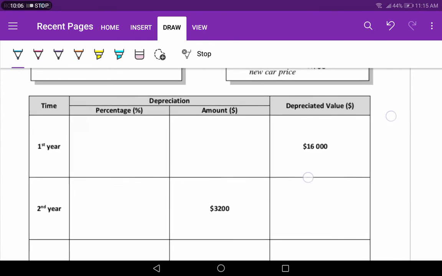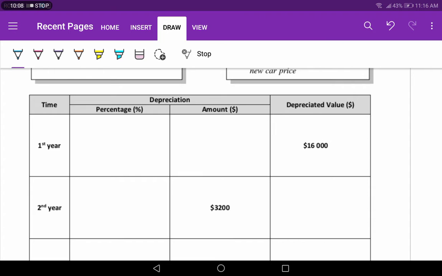So say we buy this car. After 1 year, our depreciated value, which is basically the new value, so you can just write it on top, is going to be $16,000. In order to find the amount that we depreciated, if we know the original cost of the vehicle and we know what the cost is going to be after the fact, all we have to do is subtract those, right?